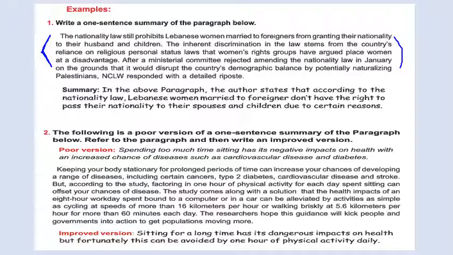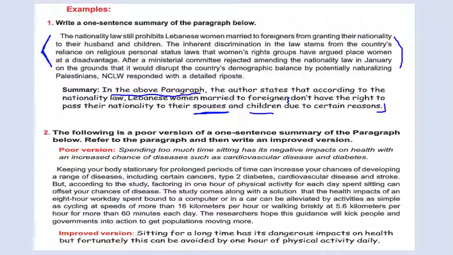My summary: In the above paragraph, the author states that according to the nationality law, Lebanese women married to foreigners don't have the right to pass their nationality to their spouses, who are their husbands and children, due to certain reasons.